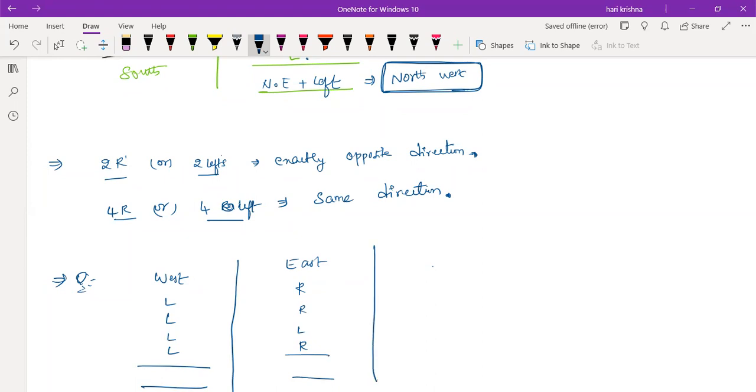What is the final answer of these three? First one, second one, third one.